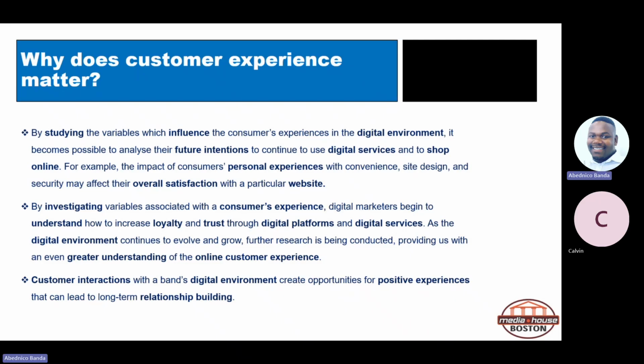As the digital environment continues to evolve and grow, further research is being conducted, providing us with an even greater understanding of the online customer experience.